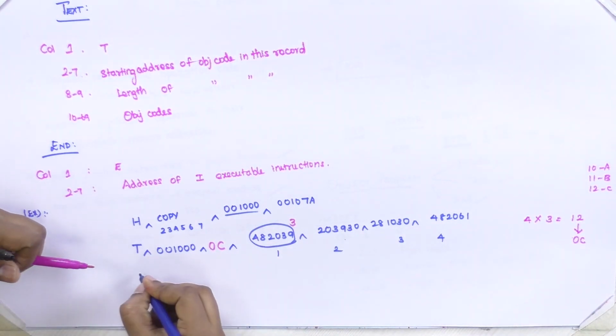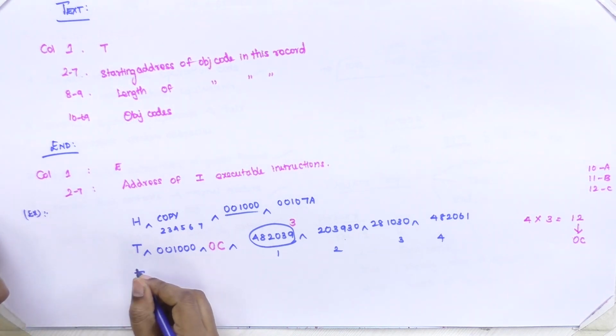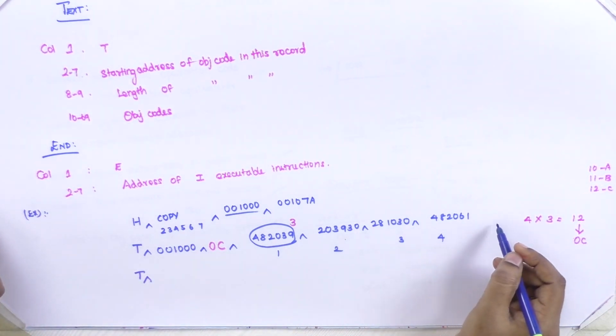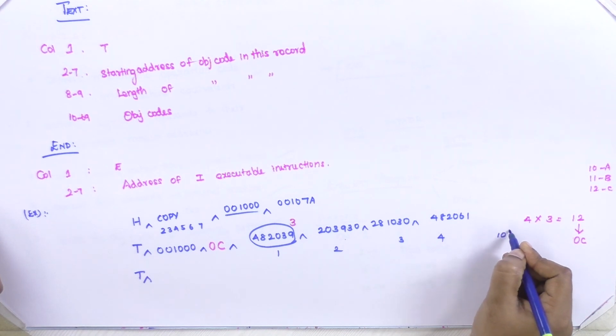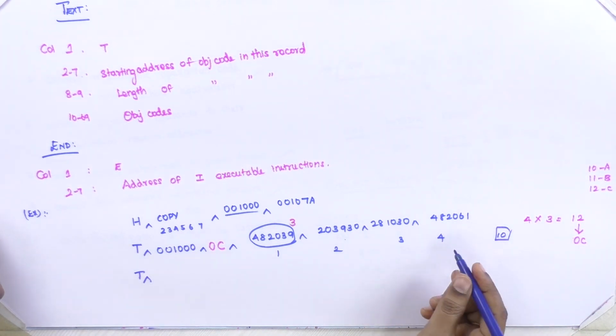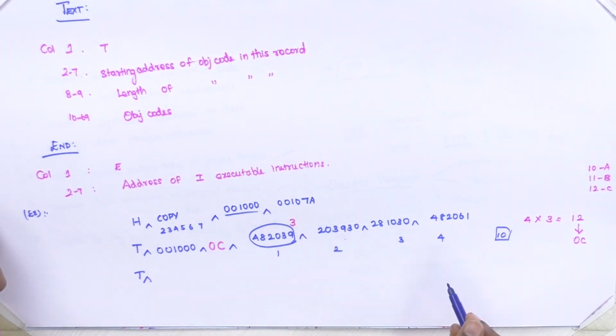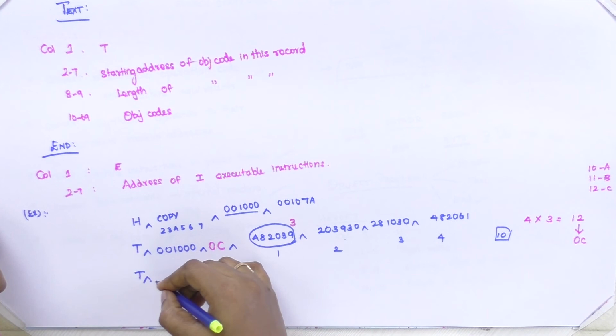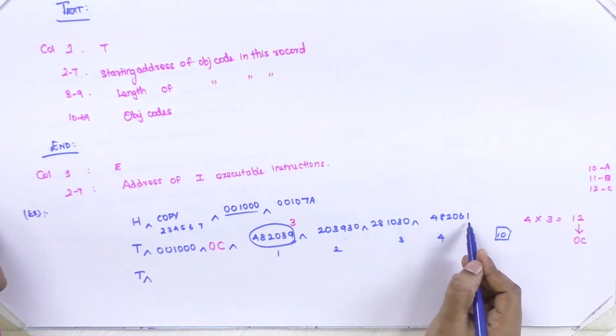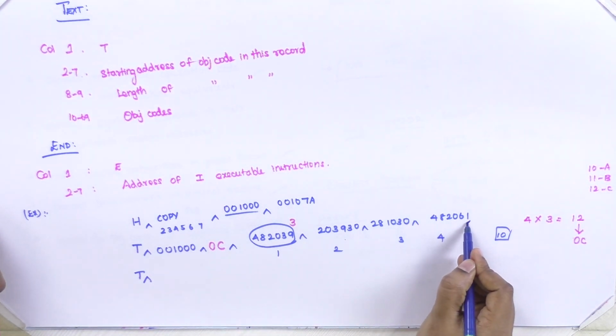Then the next text record. In a text record, at a maximum we can store only 10 object codes. Keep it in mind. After 10 object codes are completed, you have to represent the rest in the next text record. The next text record will start at the place where the previous object code ends.